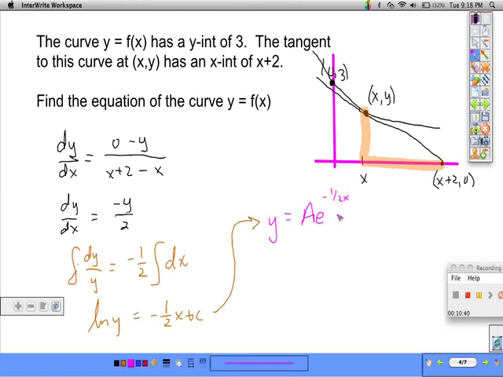And since I know that f of 0 is equal to 3, I can figure out what a is. Remember, the reason I get a here is because e to the c is just some constant. So plugging in for this, 3 equals a times e to the 0, so a has to equal 3.